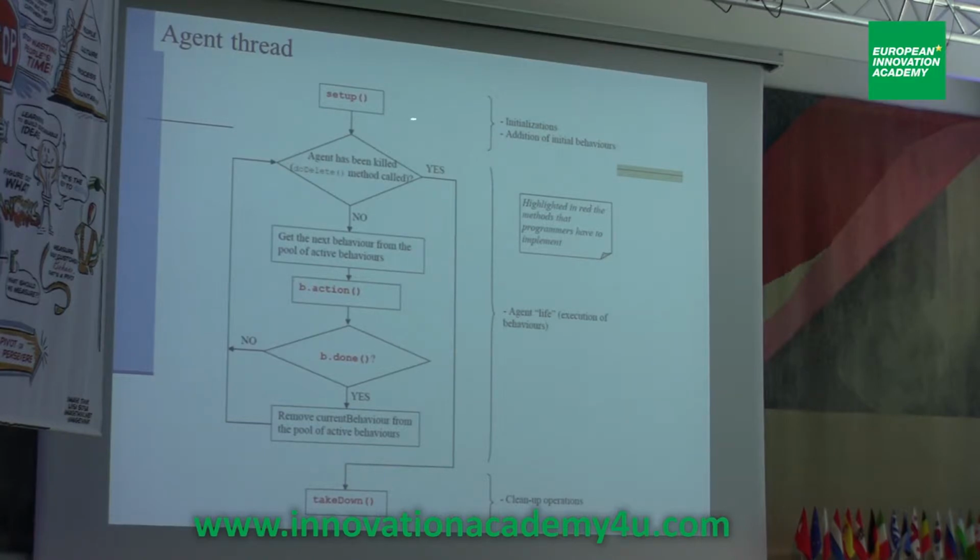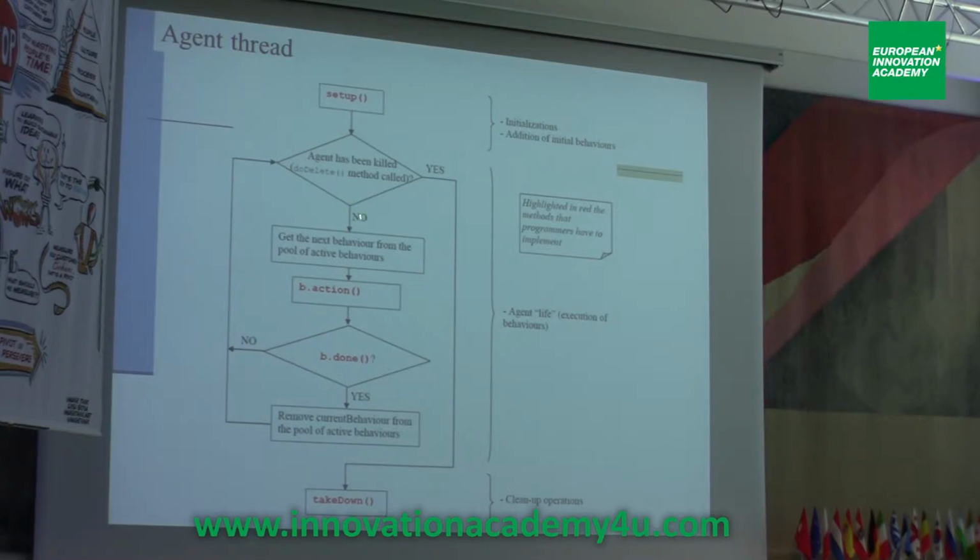So the agent starts with executing a setup method. Here the agent is initialized and initial behaviors are added if needed. Then after that, there is a check if the agent has been killed by executing the doDelete method. And this means, has the agent been, for some reason or another, terminated? And if not, then we proceed.